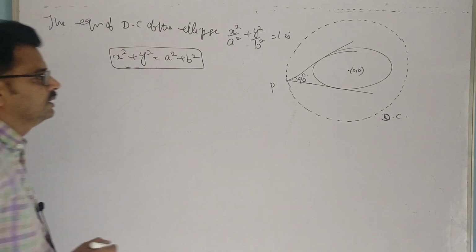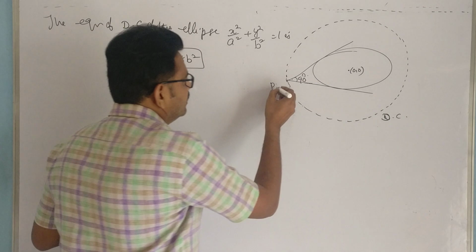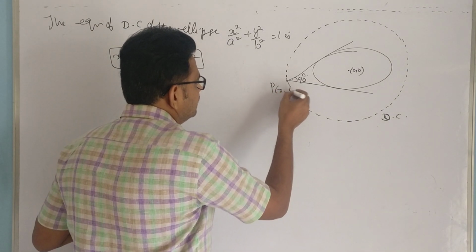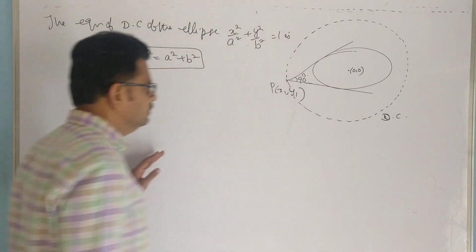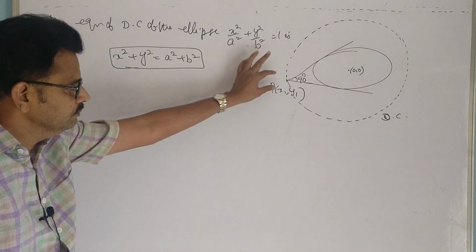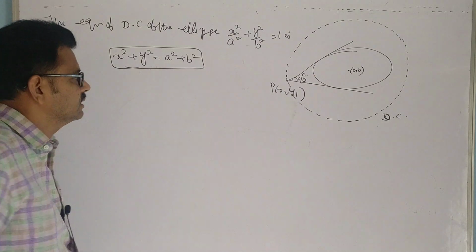So this is the director circle equation. Now the point is x1 comma y1. Two tangents are drawn from an external point. If the angle is 90 degrees, this is called the director circle.